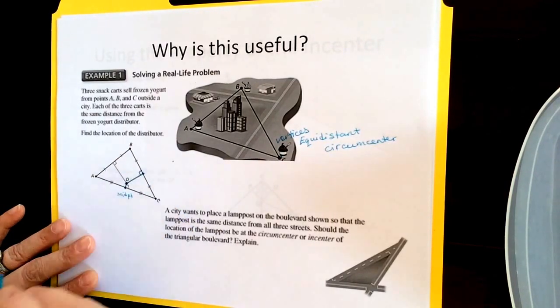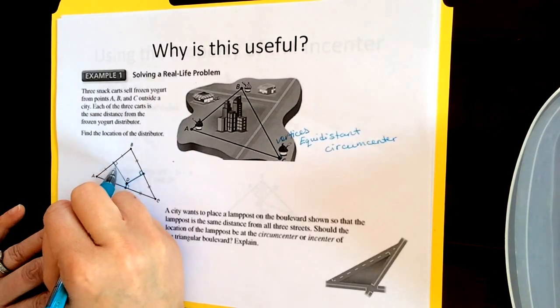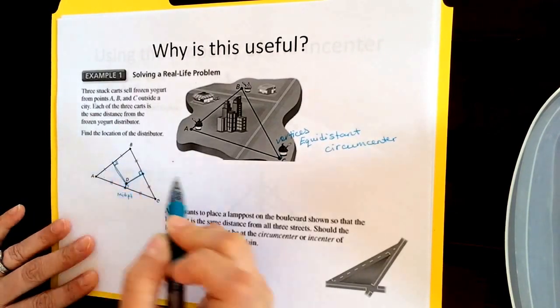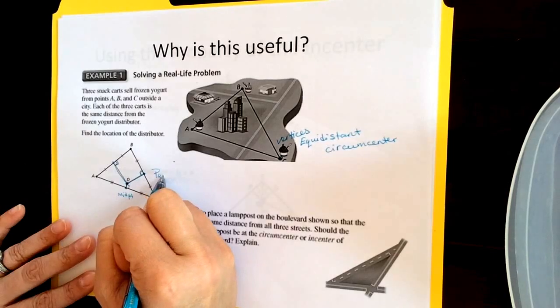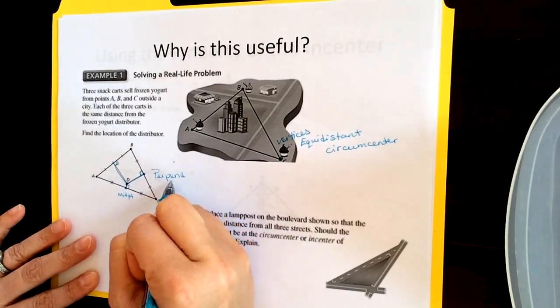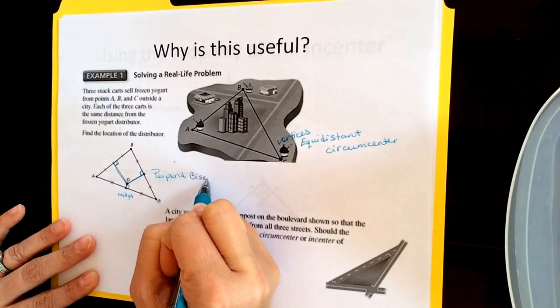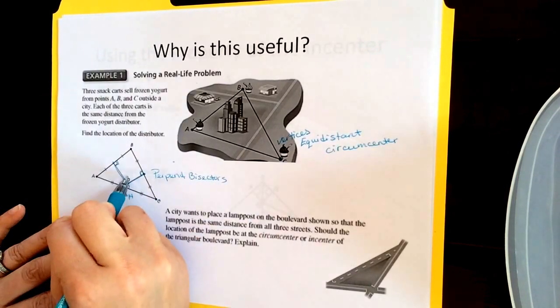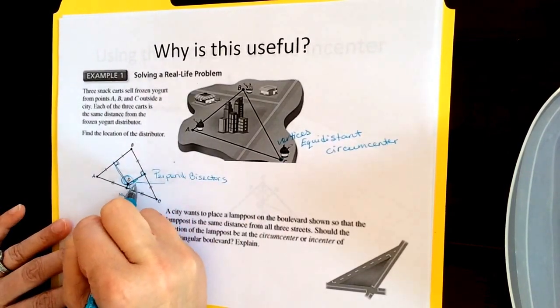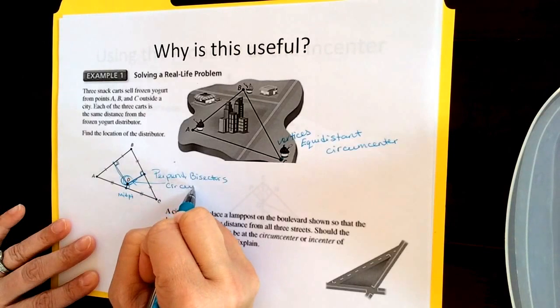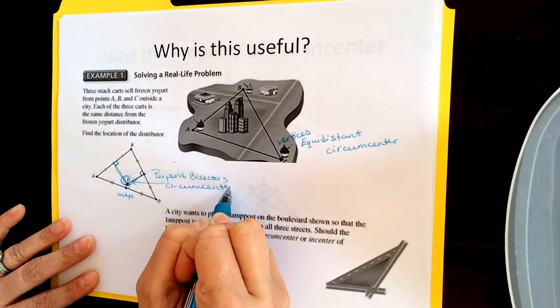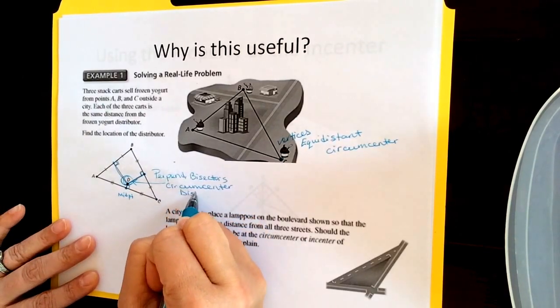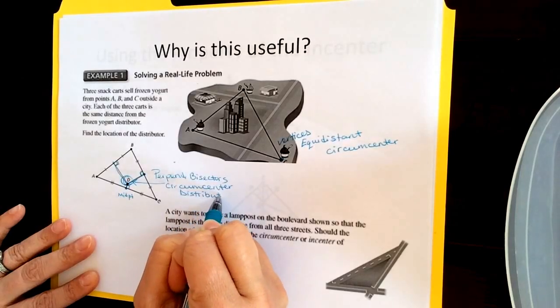Midpoint, 90-degree line through that midpoint. Midpoint, 90-degree line through that midpoint. So basically what they've drawn here is our perpendicular bisectors. And so we can visually see that D right here would be our circumcenter. And in the context of the problem, that's where our distributor would need to be located.